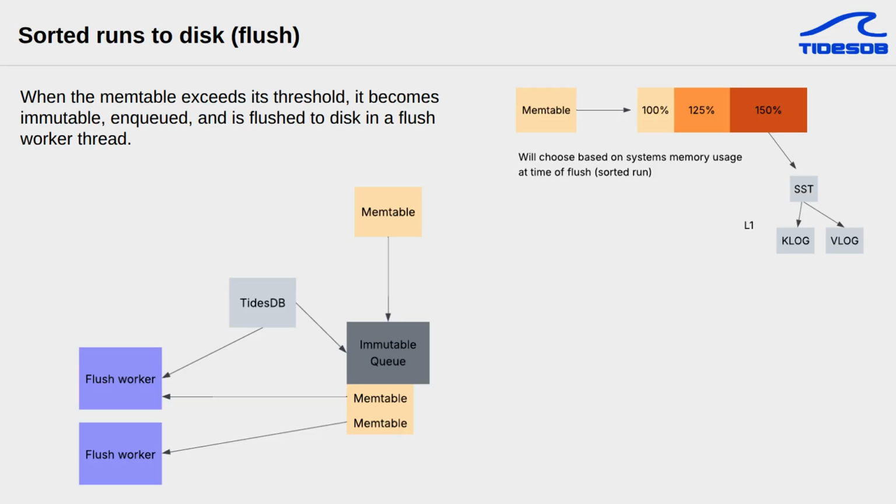But if the system is not used that much and it's pretty quiet, then it's going to allow a little bit more data to be written to the skip list and then flushed. So you can get 100% of 64 megabytes or 150% of 64 megabytes, just to allow the mem tables to fill up a little bit more.